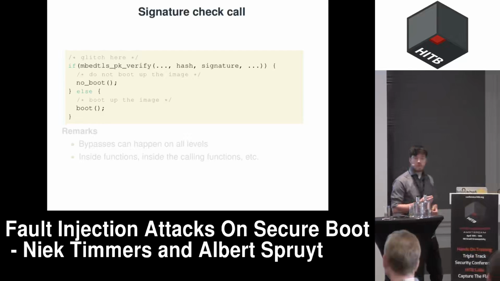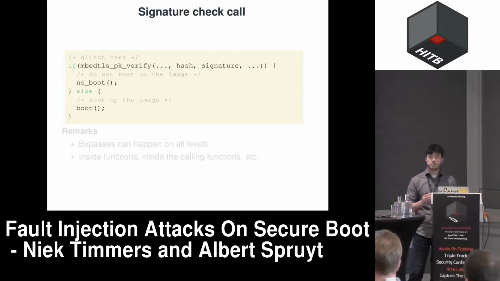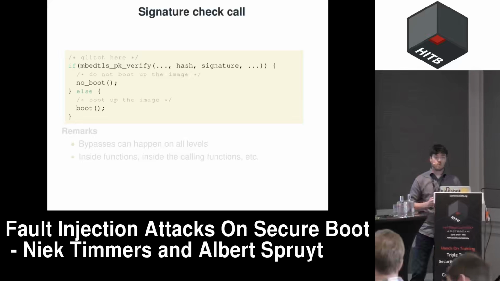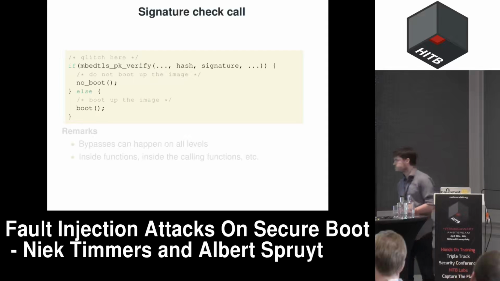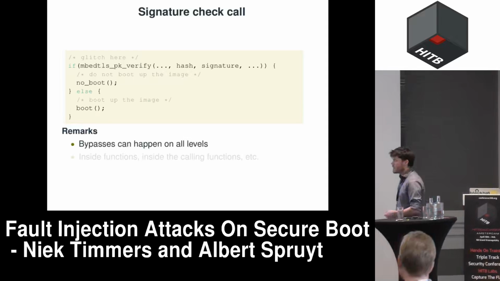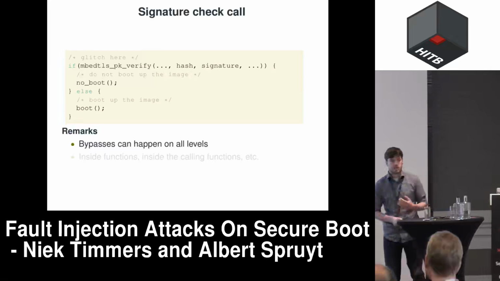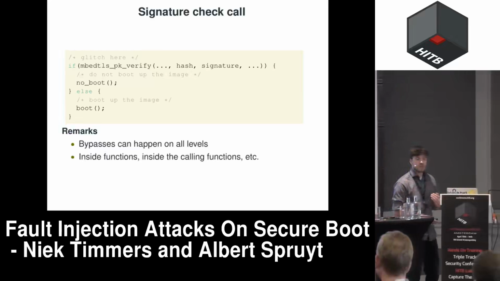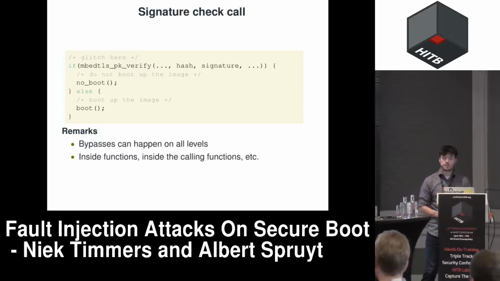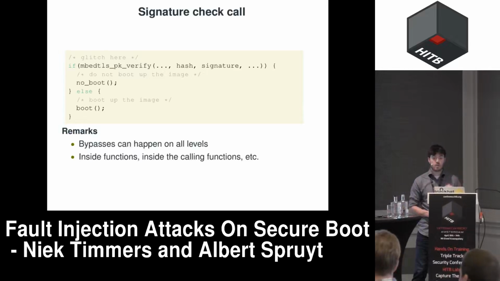And this will mean that we can probably find a number of places where a single fault will actually be able to bypass the Mbed TLS PK verify call itself. And this means that these bypasses can basically happen on all levels. They can happen inside functions, and they can happen inside their calling functions, and so on up the call chain.